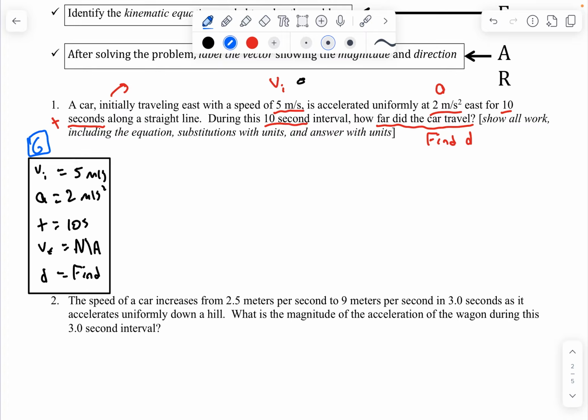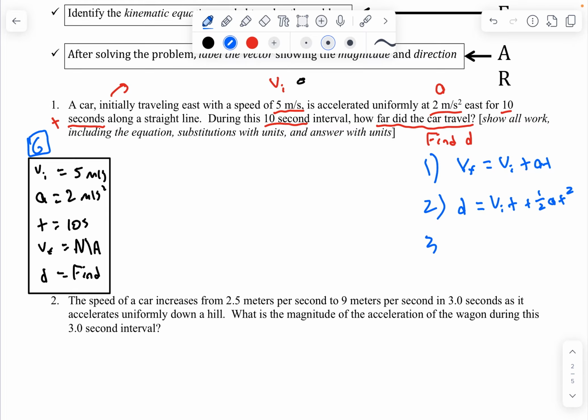Now what's important is that we pick an equation. Remember there are 3 kinematic equations that we're going to use. Here they are. First, final velocity equals the initial velocity plus acceleration times time. So that's our first equation. Second equation, it's like a library of equations and we have to pick the right one: displacement equals initial velocity times time plus 1/2 of acceleration times time squared.